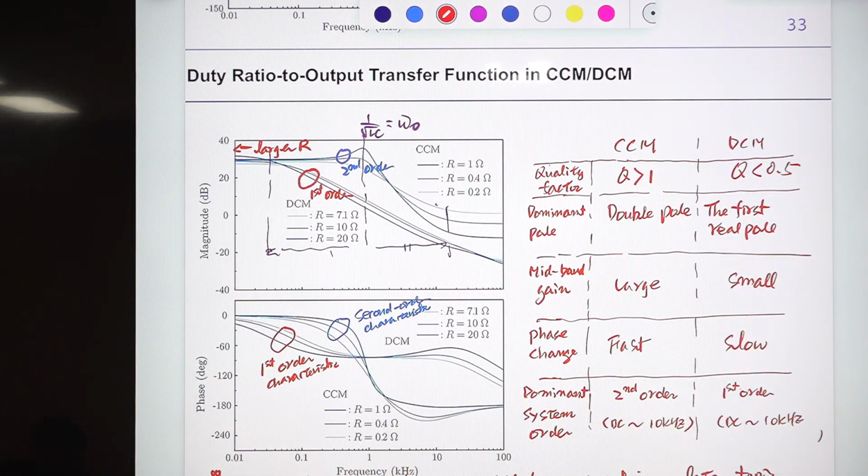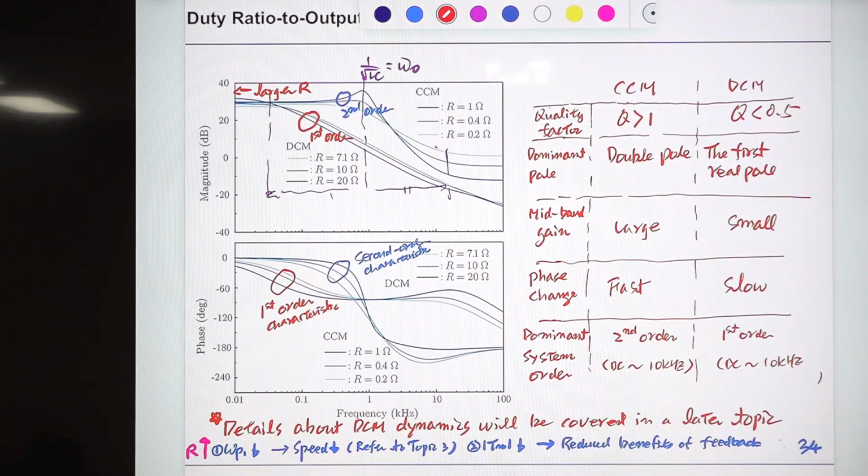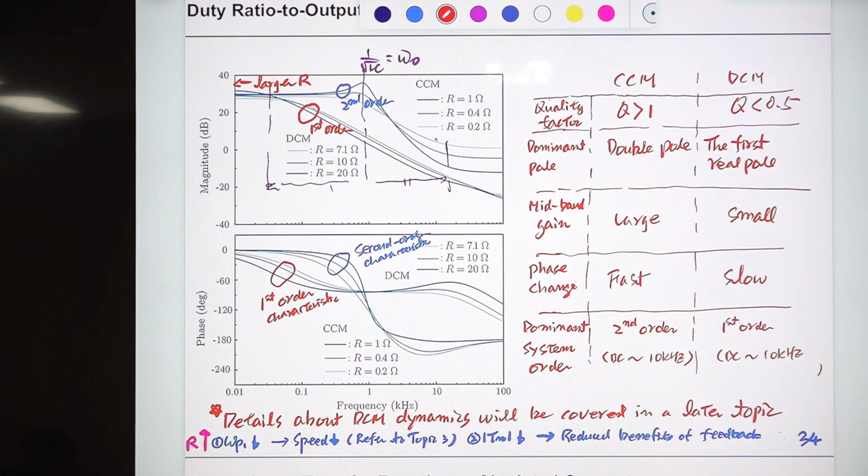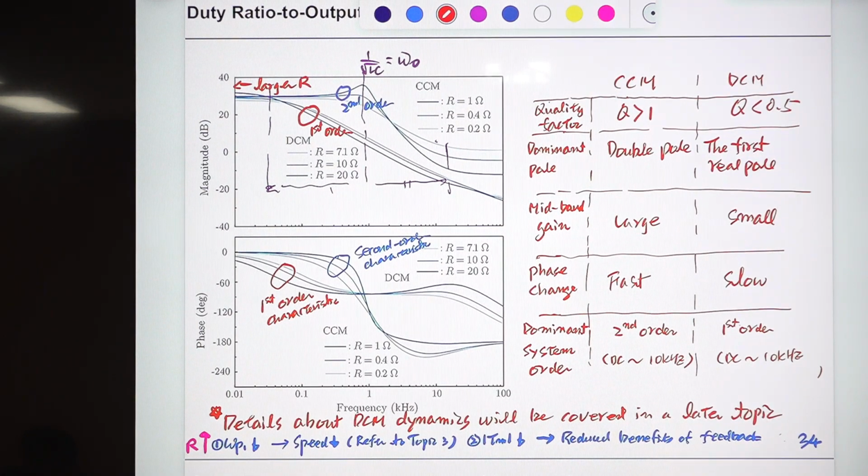This looks complicated. You don't have to remember everything now, but later on this will be helpful. If you study it at the end of this lecture, it will be a good summary for understanding the behavior of the PWM converter in DCM and CCM.